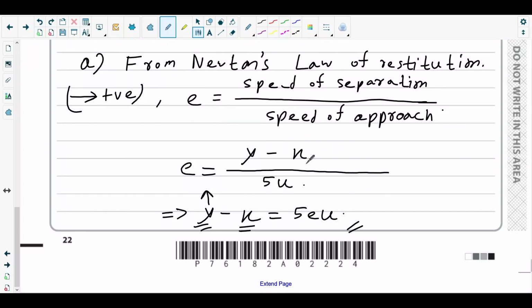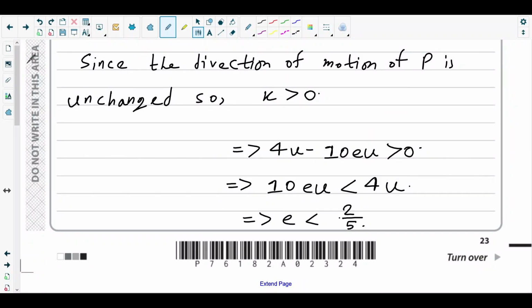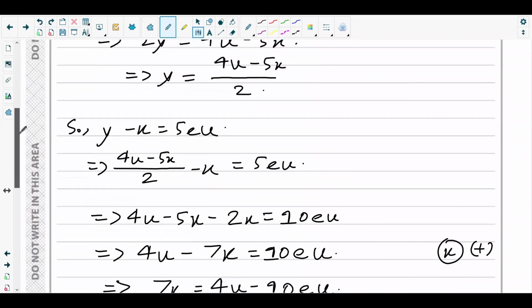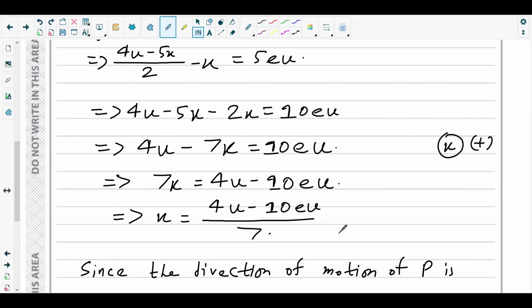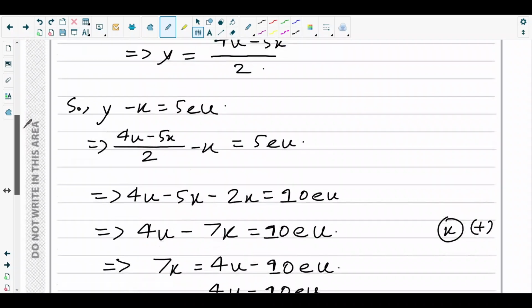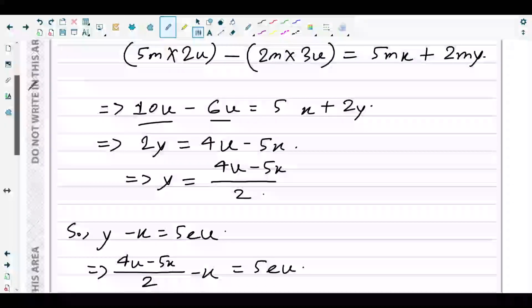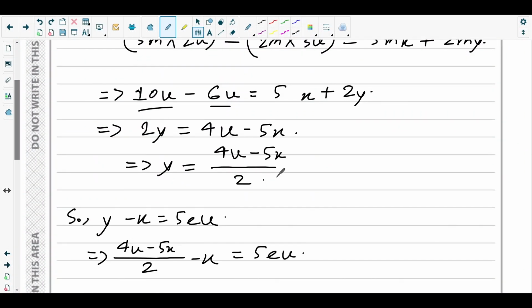We need to know the value of x, right? The speed of particle P after the collision. So the value for x can be found from this equation. The value for x could be found using conservation of linear momentum, this equation. We can use this equation to get the value for x.